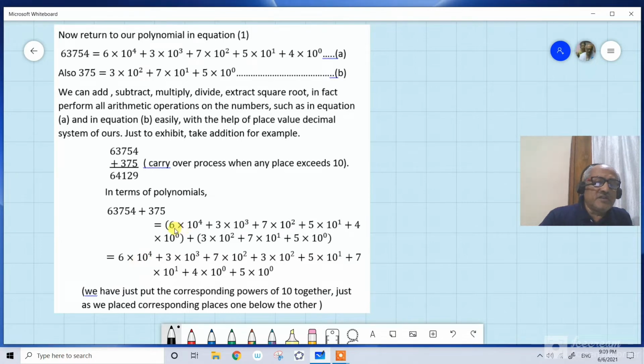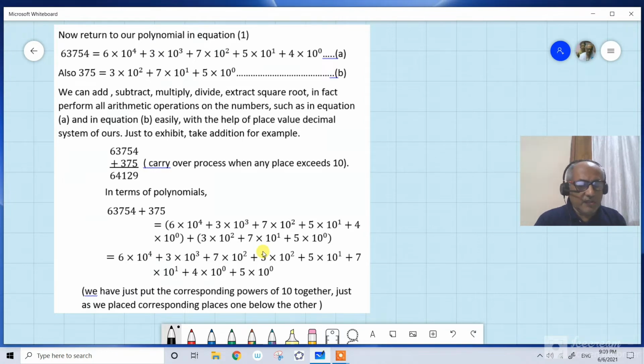Here is only 6 into 10 to the power 4, then 3 into 10 to the power 3, then in the 10 square category, there is 7 here and 3 here. So 7 plus 3 you write side by side, and the next step it will be 10.